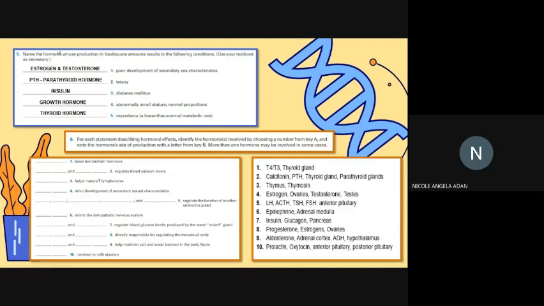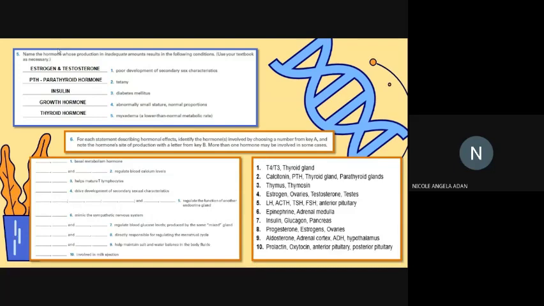Number 7, regulates blood glucose levels, produced by the same mixed gland. The hormones are insulin and glucagon, which are secreted by the pancreas. Number 8, directly responsible for regulating the menstrual cycle, the hormones are progesterone and estrogens, and they are secreted by the ovaries.